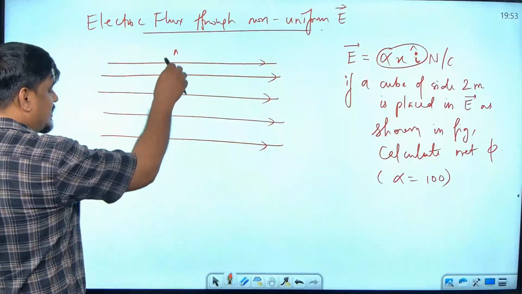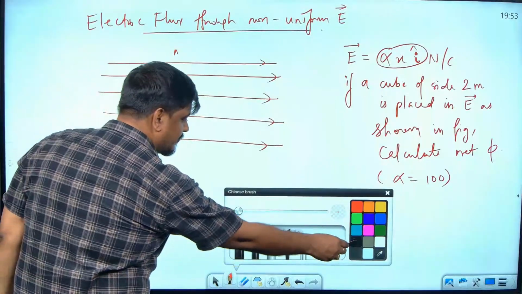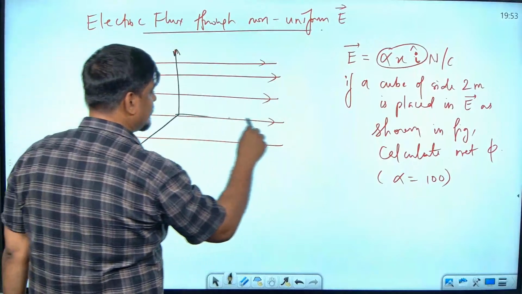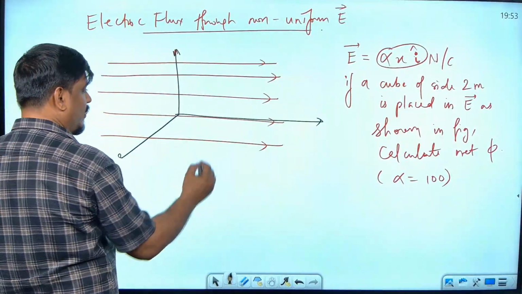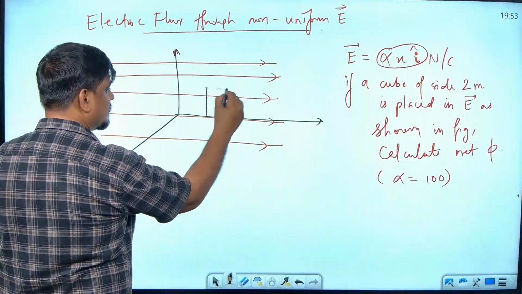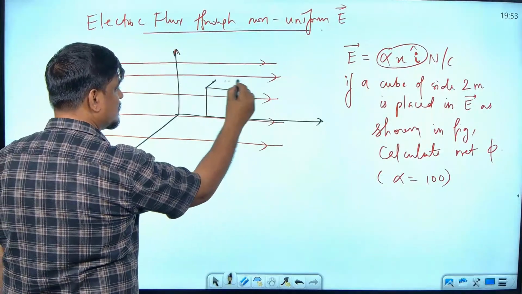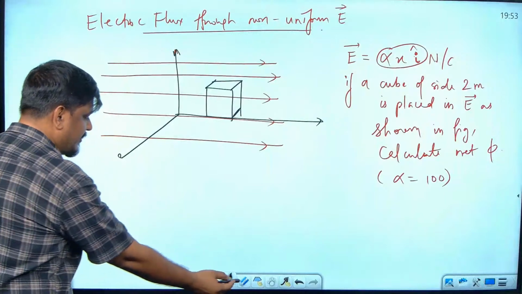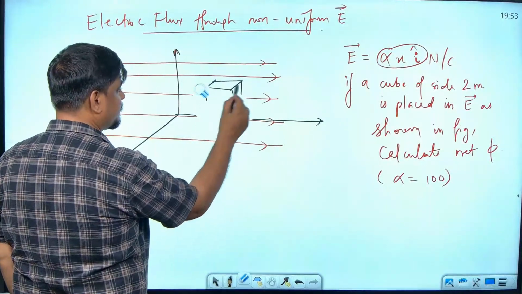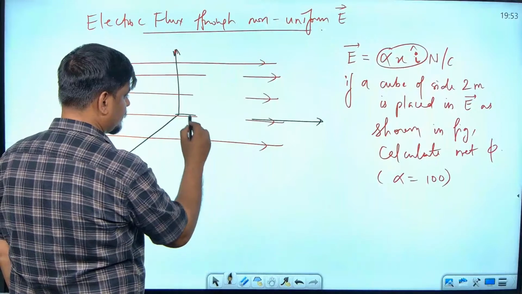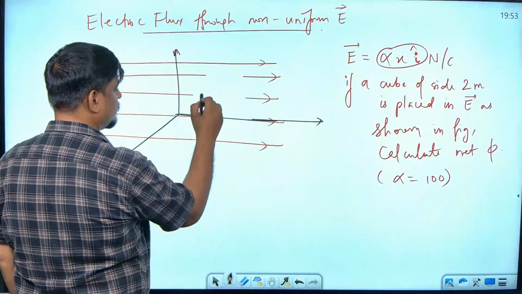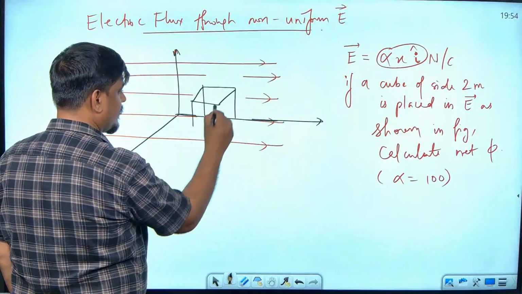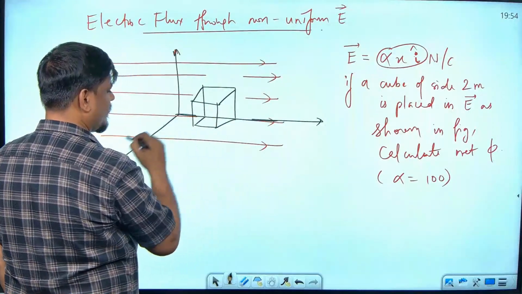So in this case, what they will see, I will draw a diagram for you. Like this the question is, and they have told a cube is placed here. Let me draw a little better diagram. Okay.